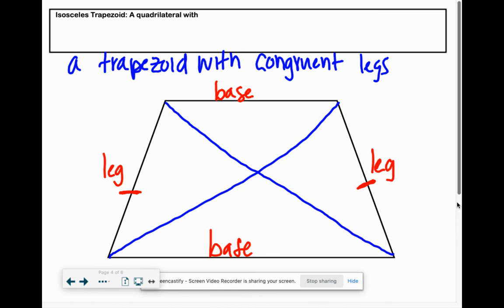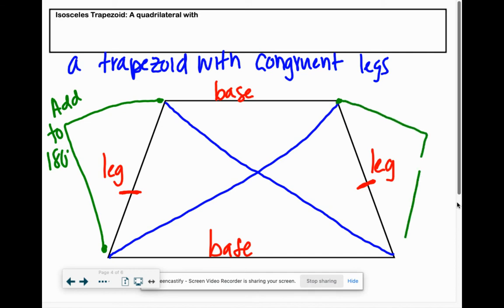What else do we know? These angles still add to 180. And the last thing is we have these things called base angles, and they're the same.